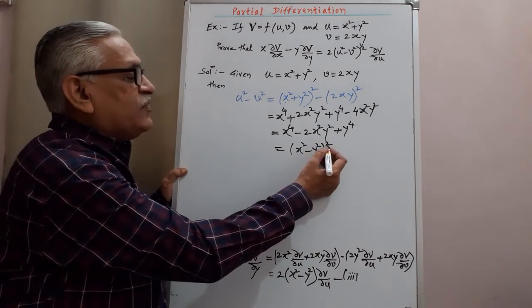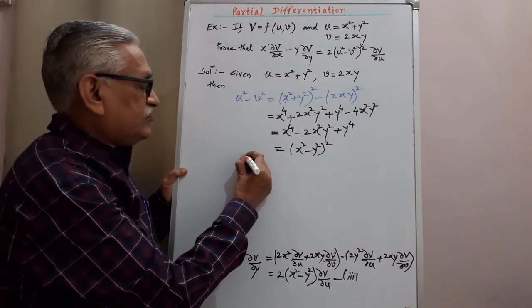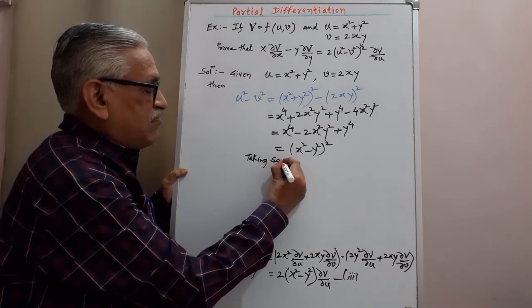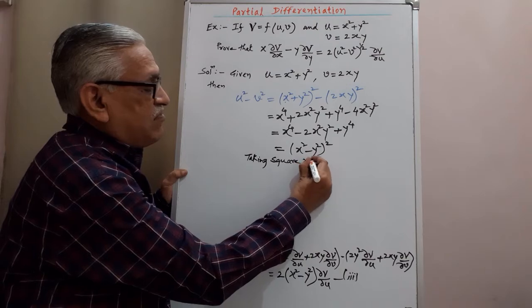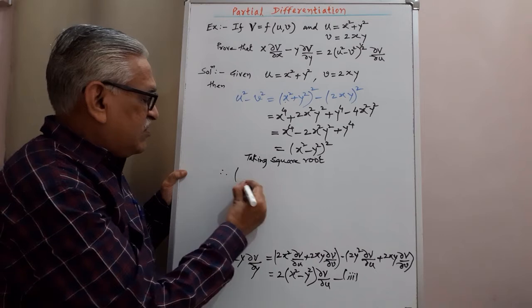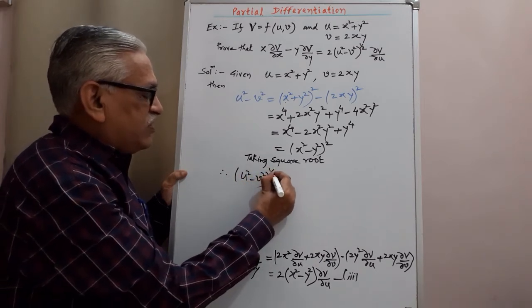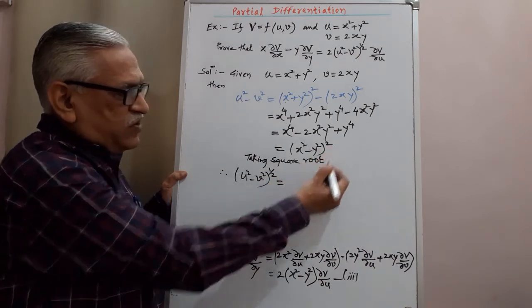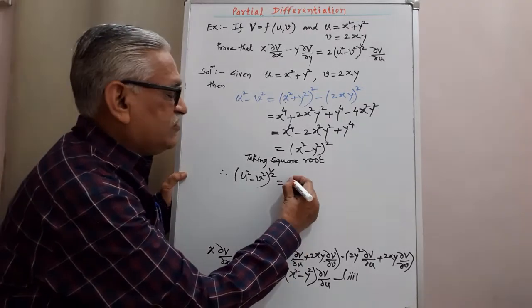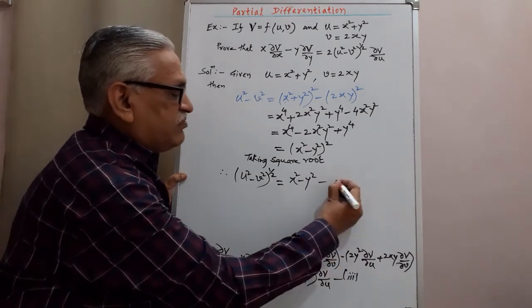And then transferring this to the other side, taking square root on both sides, we get (u² minus v²) raised to 1 by 2 as the square root of this. That 2 and that 1 by 2 get cancelled, we get only x² minus y². Equation number 4.